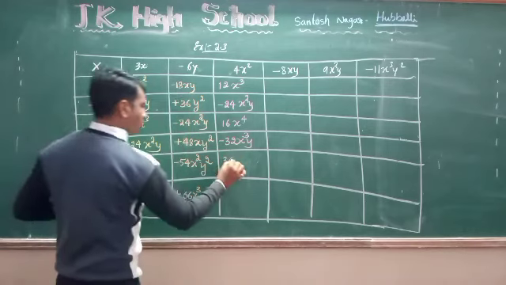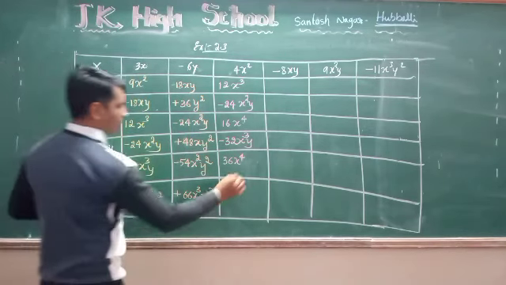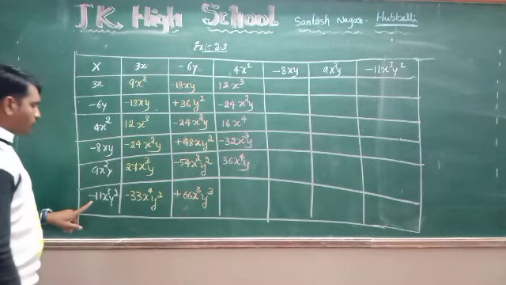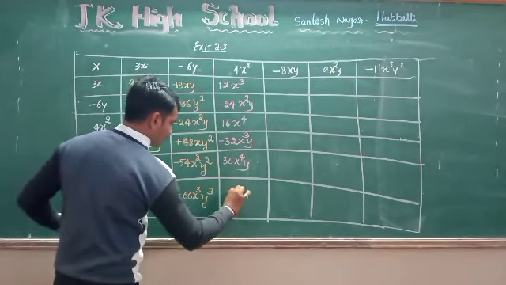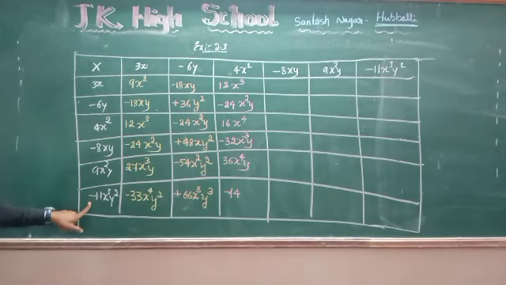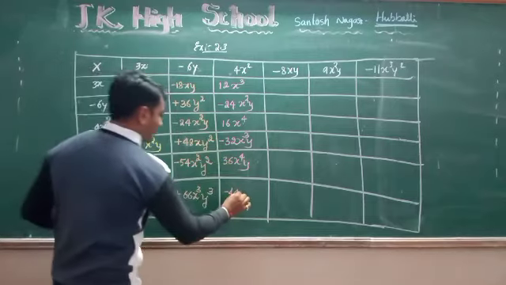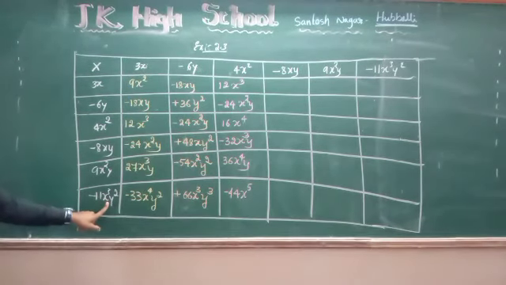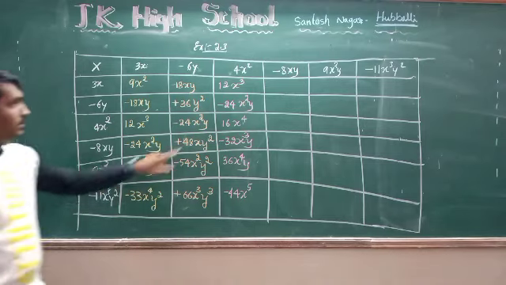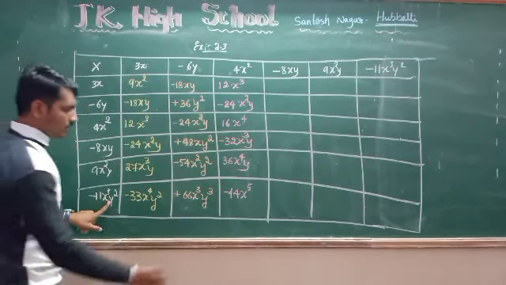X squared and x squared means x to the power 4, y as it is. And finally, 11 4s are minus 44. X cubed and x squared is x to the power 5. Don't multiply, just add their powers. Here 3 is there, here 2 is there, it will become 5. So next step, y squared.